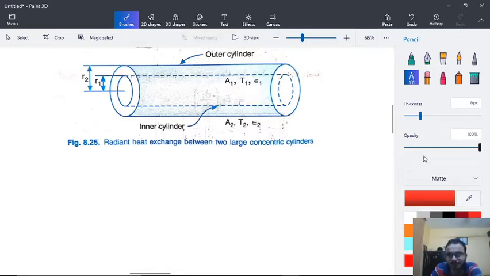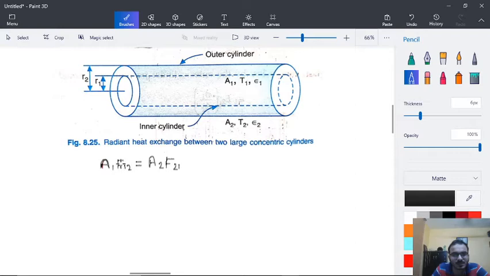So here, first of all, we will write down the reciprocity theorem, that is A1 F12 equal to A2 F21.